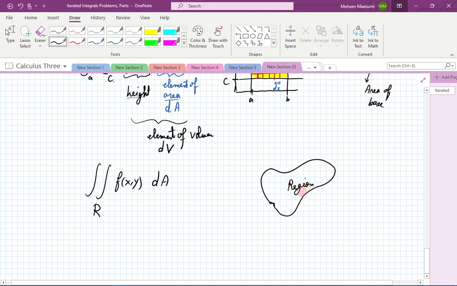If I subdivide this region into little cells and calculate the area of each cell, call it dA, I take that element of area and multiply by this function, which plays the role of the height. This is the height of the surface, and this is an element of the area of the base. When we multiply these, we get the element of volume.